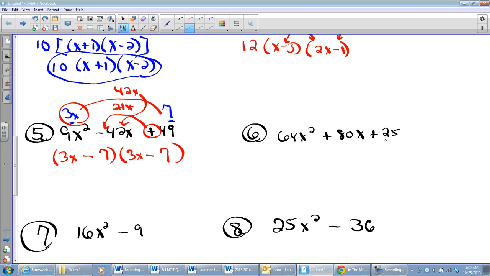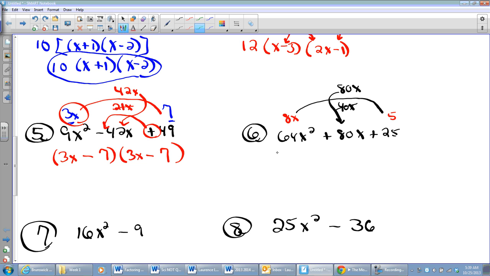Okay. Number 6. Let's see, is 25 a perfect square? It sure is. Is 64x squared a perfect square? Yes, it is. Okay. Well, let's multiply. I get 40x times 2 is 80x. And look at that. It matches, doesn't it? If it didn't match, I couldn't do this little trick. I'd have to do the multiplication way.